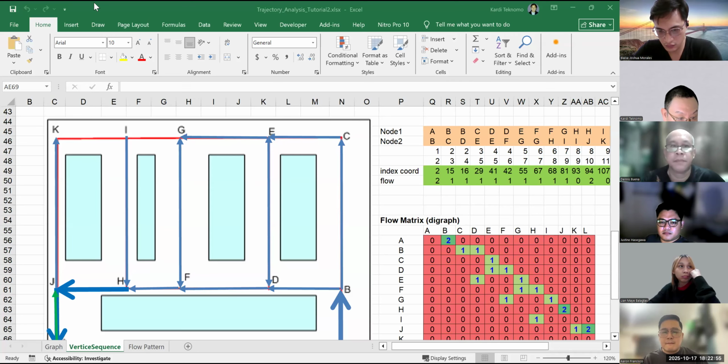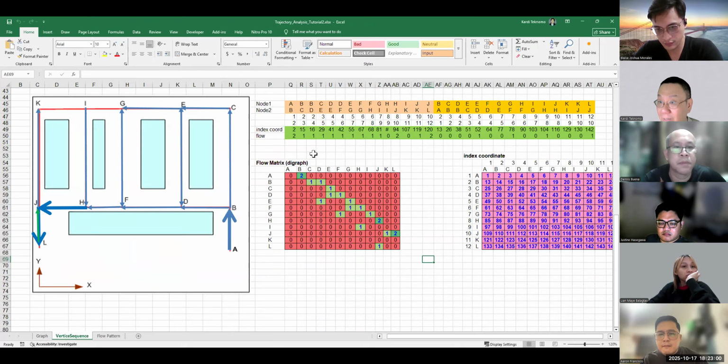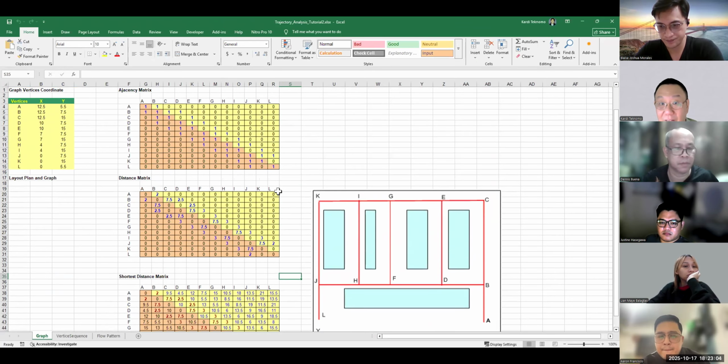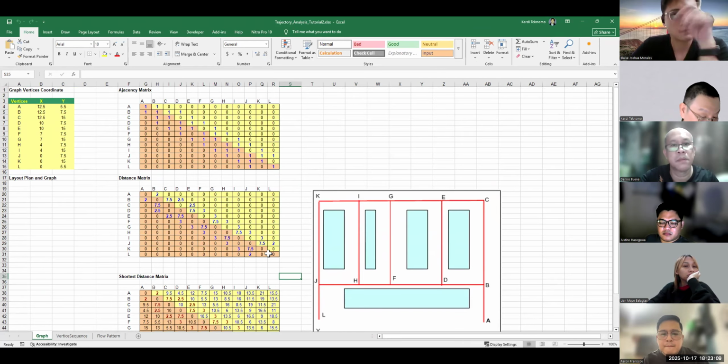So here is the sample, I guess, of the two. I will move that Excel here. This is the Excel file with only two pedestrians, similar to your assignment.